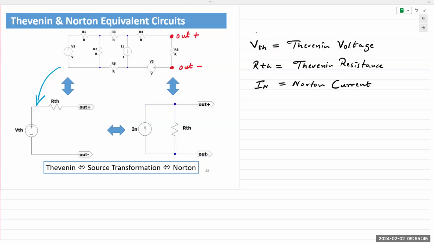So VTH could be represented as just VT, or uppercase T with an H, VTH. It just depends on who the author is, but it's simply a notation. In this kind of circuit, if you see VT, it is referring to Thevenin voltage. If you see RT, it's referring to Thevenin resistance, and IN refers to Norton current.